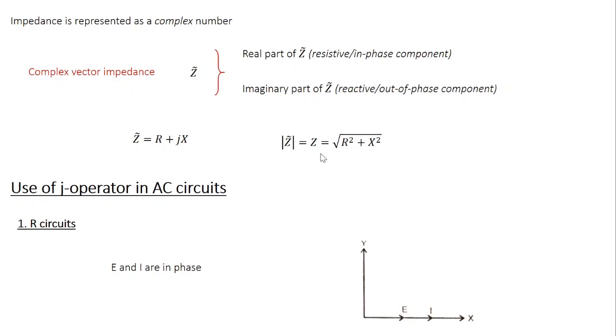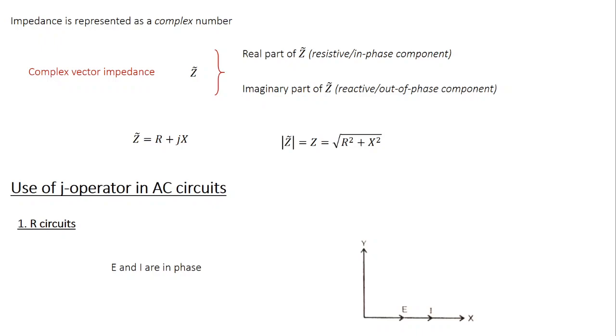And the magnitude of the complex vector impedance is nothing but the magnitude of this vector, which is the square root of R square plus X square. So even though we represent impedance as a complex number, whenever you make a practical measurement, what you measure is the magnitude of this complex vector impedance, which is the square root of R square plus X square.